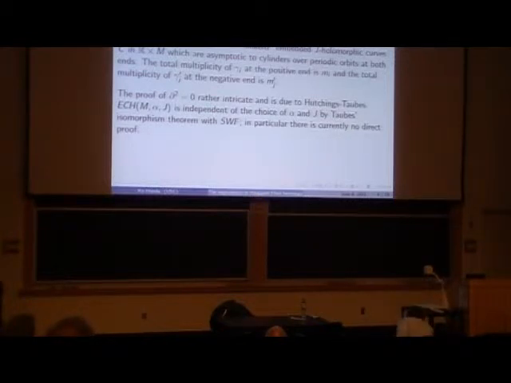Now, there are other things you have to worry about. ECH was defined using alpha, the one form, and the almost complex structure J, and you wonder whether it's actually independent of these choices. At this point in time, Michael might have a breakthrough, but the only currently known proof that ECH is a topological invariant and independent of various choices is through Taubes's isomorphism theorem with Seiberg-Witten Floer homology.